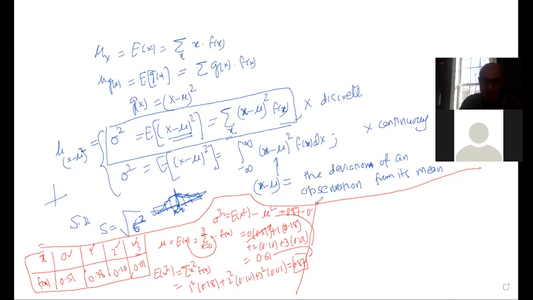Then plug both values into the formula: 0.87 minus 0.61 squared. Whatever number you get is your answer, 0.4979.